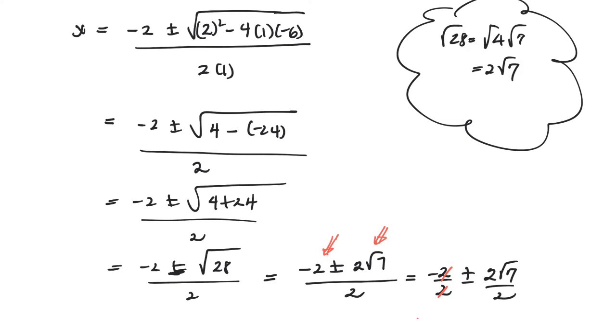Negative 2 over 2 cancels and leaves me with negative 1, plus or minus, the 2's cancel when you have 2 root 7 over 2, leaving me with root 7. So our two answers are x equal to negative 1 plus root 7 and x equal to negative 1 minus root 7.